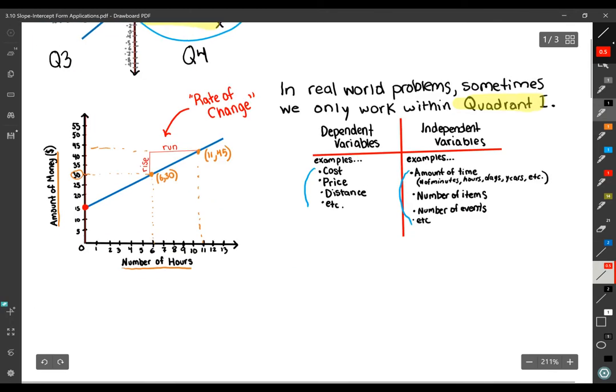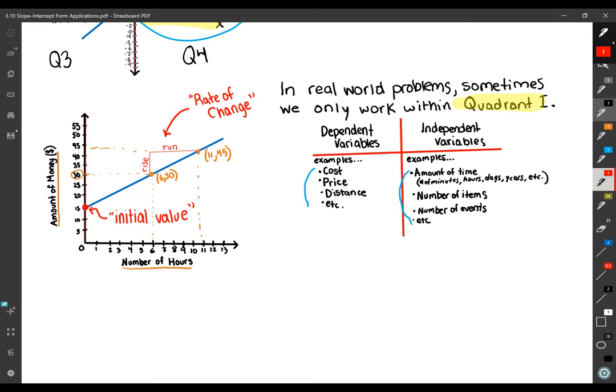And when we talk about real world problems, and I keep saying that over and over again, sorry about that, we call this point the initial value. It's called the initial value, or the starting value, or the starting amount, okay? When we talk about a graph, it's a y-intercept. When we talk about the real world, it's an initial value. It's the starting amount, okay?